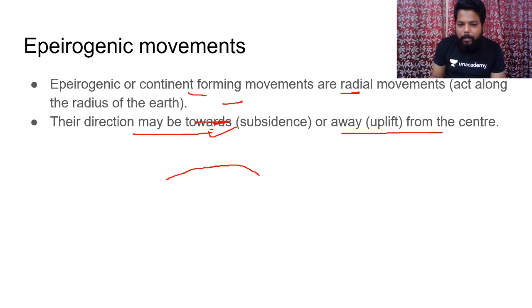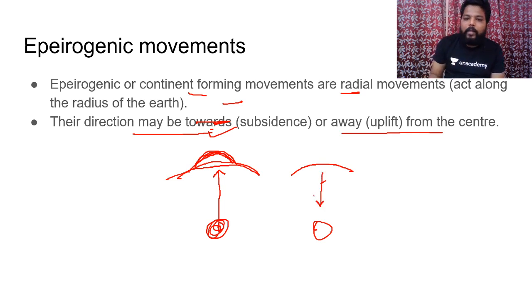For example, if this is the earth's crust and this is the center of the earth, if the direction of this kind of movement is away from the center of the earth, then we will observe upliftment of land. If the same scenario repeats in an opposite way, if the movement is towards the center, then we would have subsidence of land.